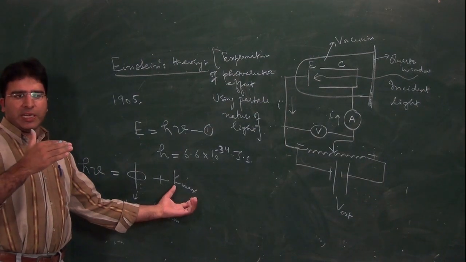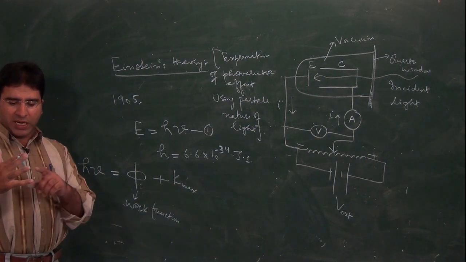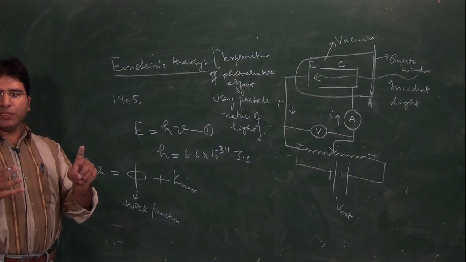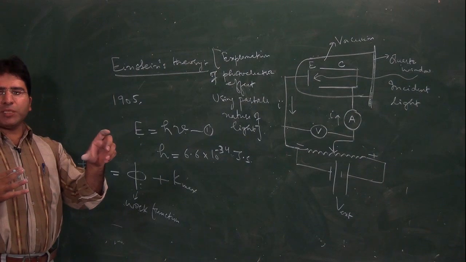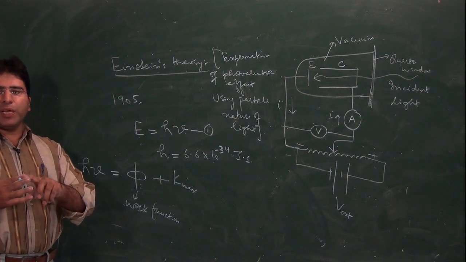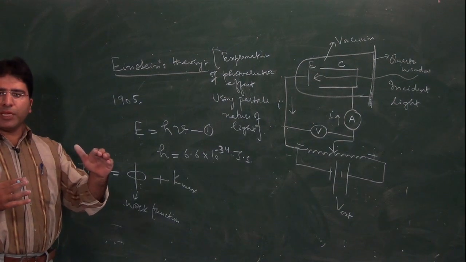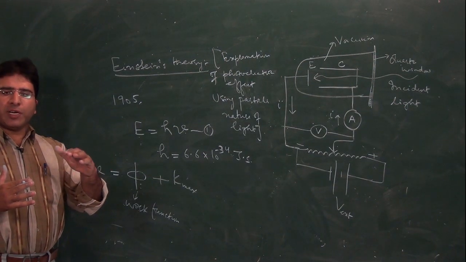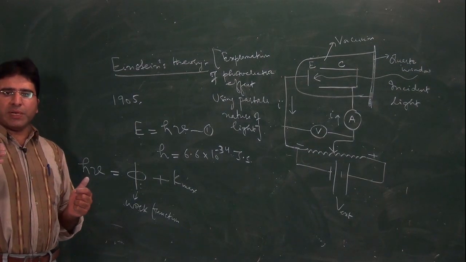That's why, when these electrons leave the metal surface, one reason is the different amount of collisions experienced by the electrons, and one more thing, all electrons are not bound to the same extent. Therefore, all cannot have the same kinetic energy when they leave the metal surface.